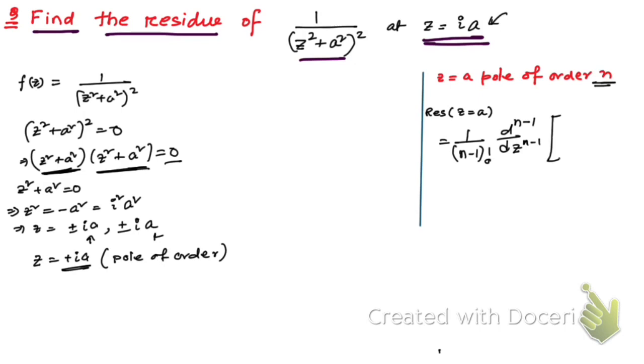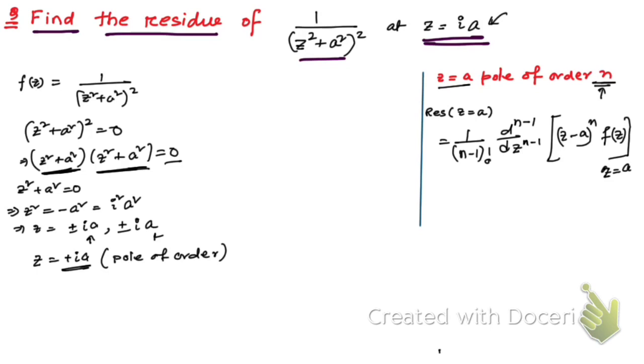What should be differentiated? Here we multiply z minus a, as it is of nth order, so the power should be n, times f of z, at z is equal to a. That's how we used to do it, right? Hope you have understood this.